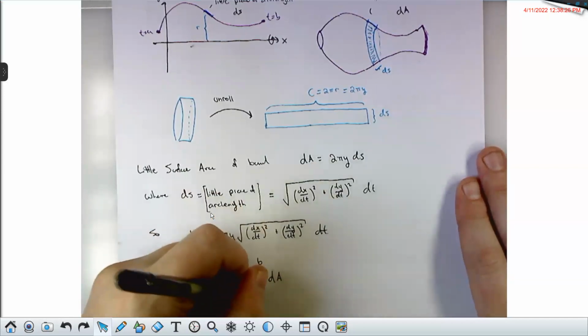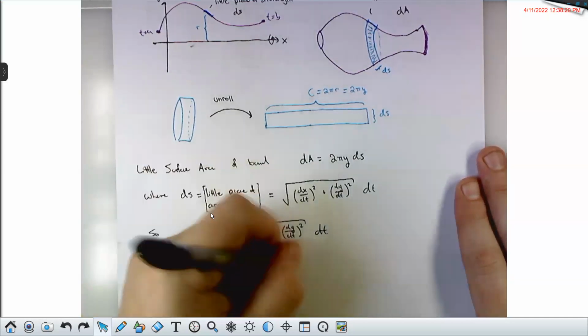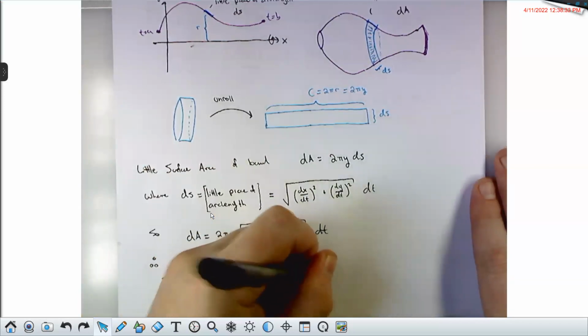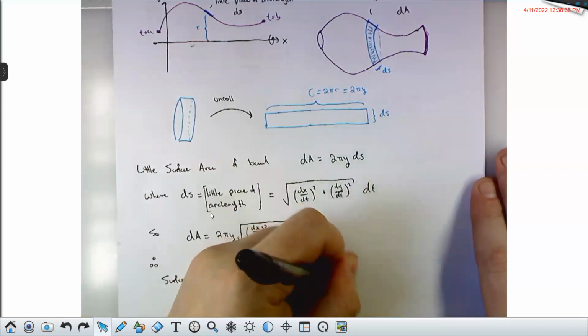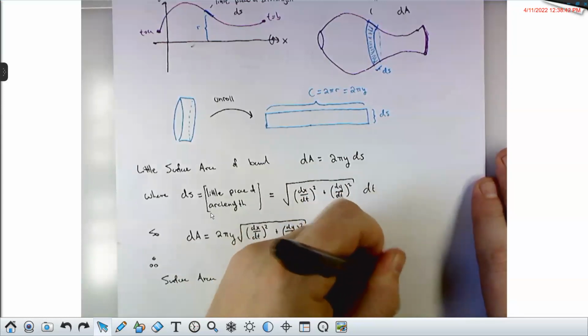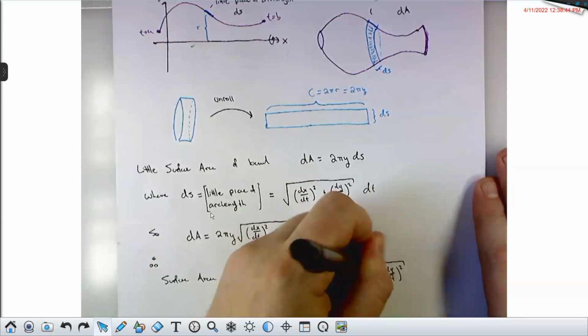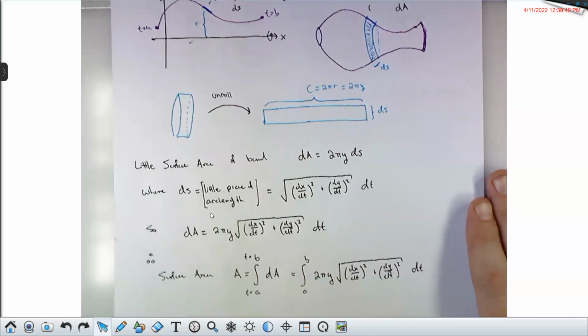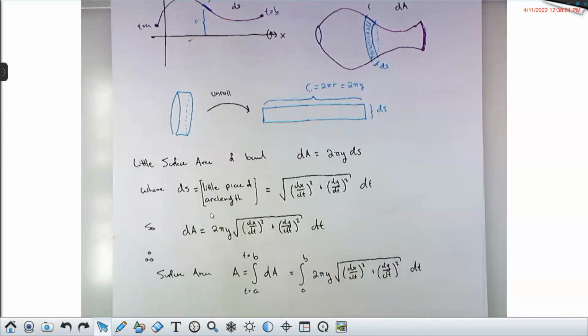And from t equals a to t equals b, which is the integral from a to b of 2 pi y times the square root of (dx/dt) squared plus (dy/dt) squared times dt. It's a little bit much, but with practice, this will feel more and more natural.